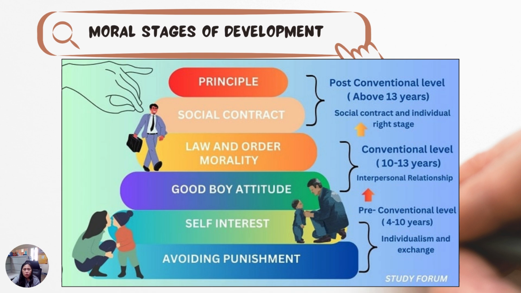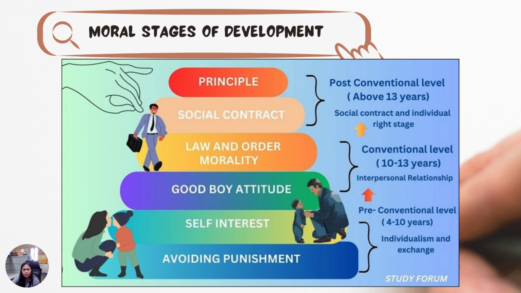So again, not all have attained the highest ethical principle, that is, being able to live out integrity as a value, honesty, and justice, even if it costs one's personal gain.